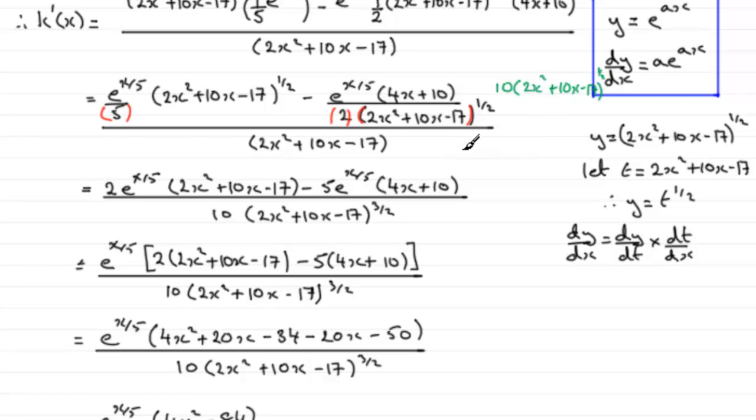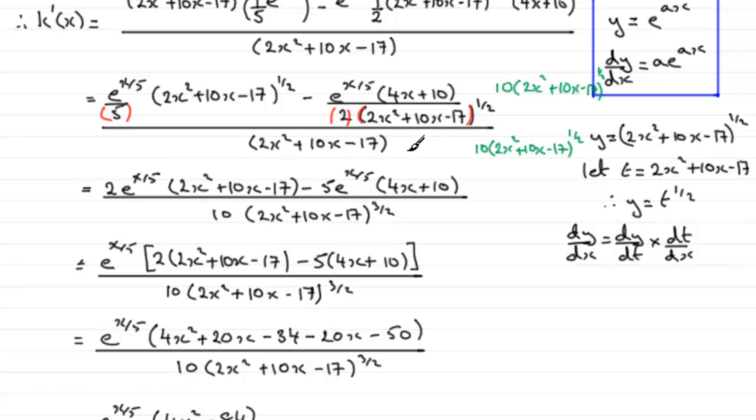But I must do the same to the bottom: 10 times (2x squared plus 10x minus 17) to the power 1/2. I can do this because this divided by this is 1, and if I times anything by 1, it doesn't alter the value of the fraction, but it will change the appearance of it.